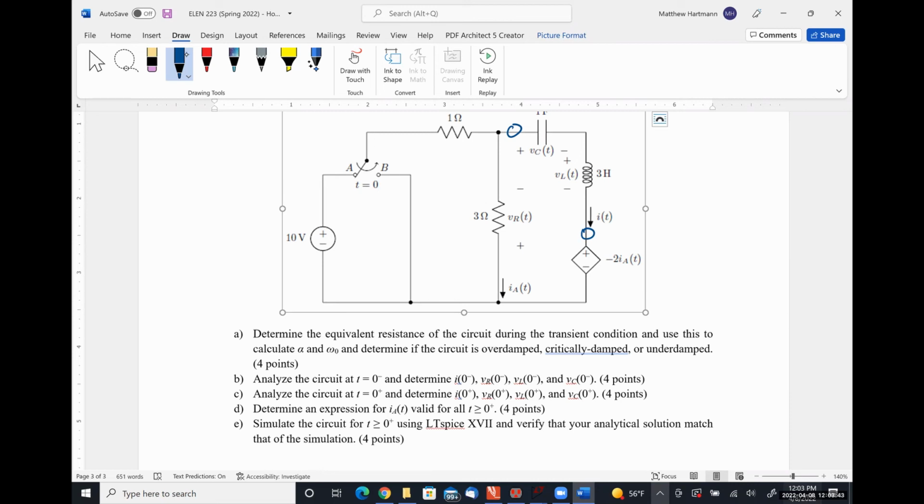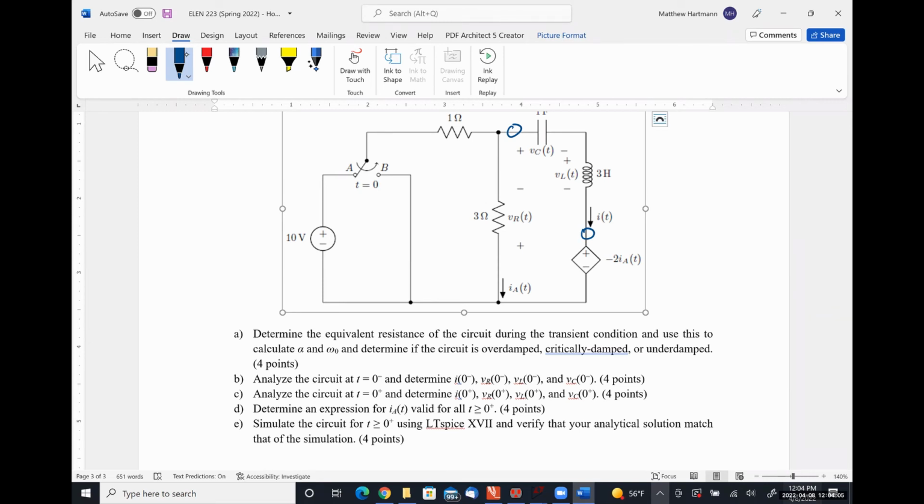So I'm just looking at this guy right here. With the switch closed at position A, our analysis at t equal to 0 minus: the capacitor looks like an open circuit, the inductor looks like a short circuit. So let's see.